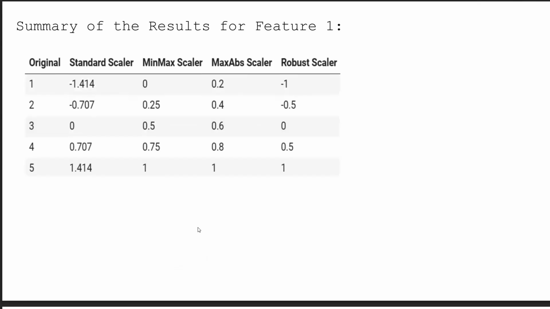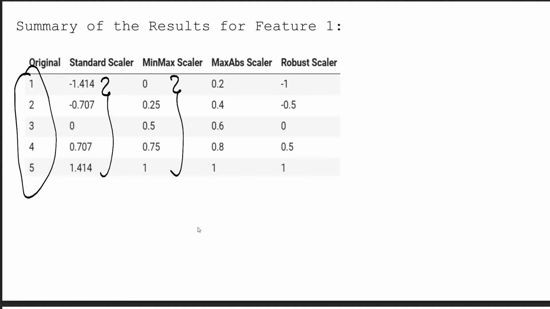Here is a summary of the results for feature 1. This was our original feature 1 value in the example I took. This was the value we got after transforming feature 1 with StandardScaler, and this was for MinMaxScaler. If we notice, the range here is between 0 and 1, and this will always happen for MinMaxScaler: the range of the new feature will always be between 0 and 1.